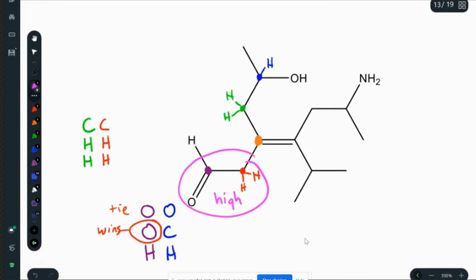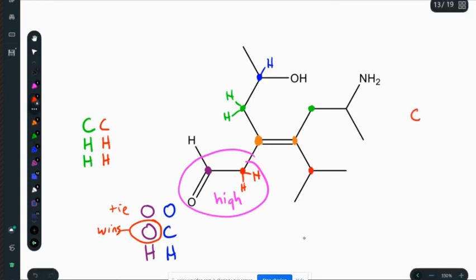So I can declare this whole group as my high priority group on this side. Now I'm going to have to go over to the carbon on the right side and go through the same process. So I compare my groups. I'm out of color, so I'm going to have to recycle my colors on this side. I'll go with green here. That's a carbon. I'll go with red down here. That's also a carbon, so that's a tie. I've got to look at what they're bonded to.